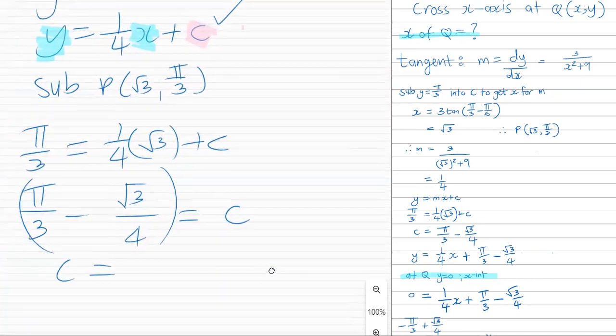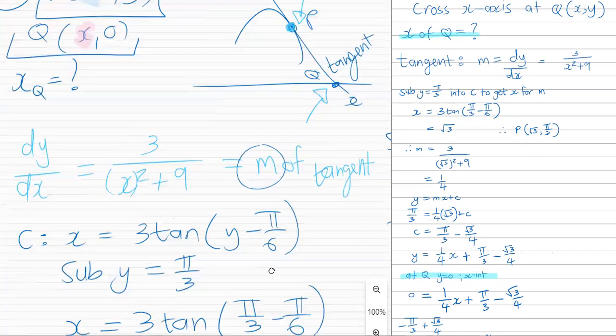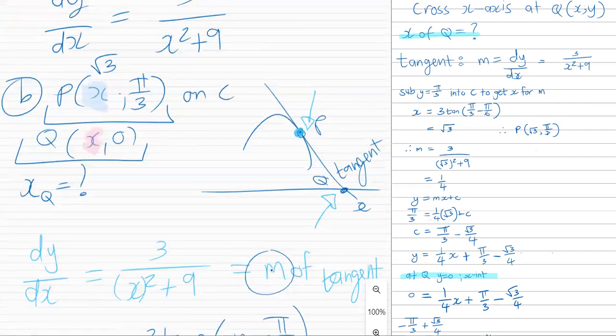So the question has asked for what is this point? And we have now this tangent. We have its formula. Okay, so the formula is y equals a quarter x, so the gradient a quarter, plus pi over 3 minus root 3 over 4. I left it exactly in this form.